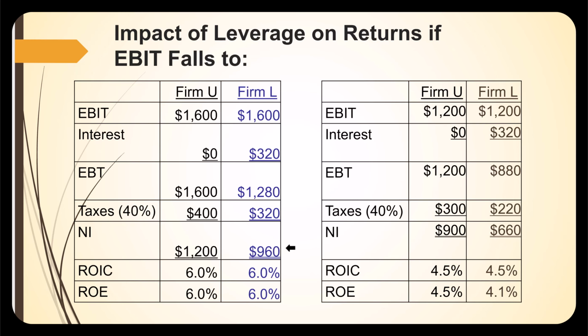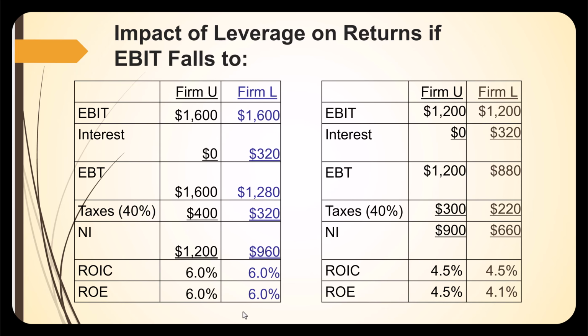Taxes are less. Net income is less. What we find, though, is that the return on invested capital, again, is not influenced by the amount of debt we have. Return on equity at the 1,600 point tells us that the return on equity for both is the same.